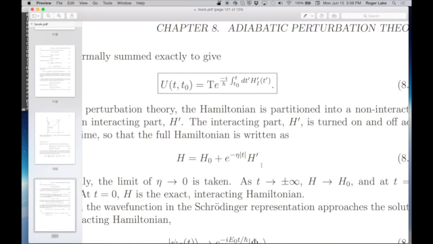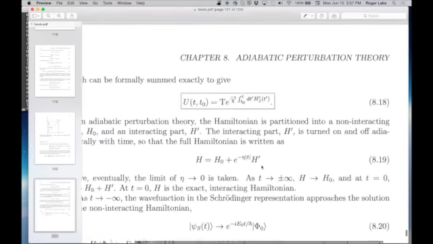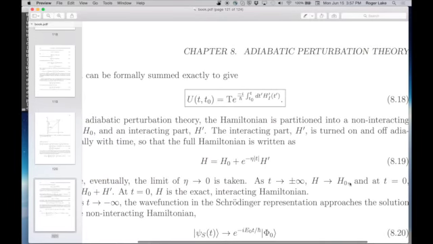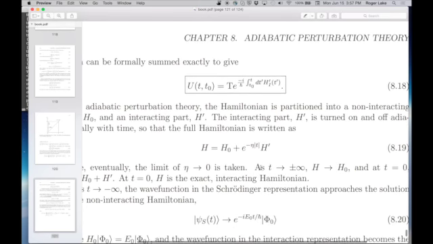At t equals positive infinity, it's just H0 also. At t equals 0, H is your exact Hamiltonian. So both at plus and minus infinity, your Hamiltonian is just your bare Hamiltonian, H0. At t equals 0, it's your exact interacting Hamiltonian.